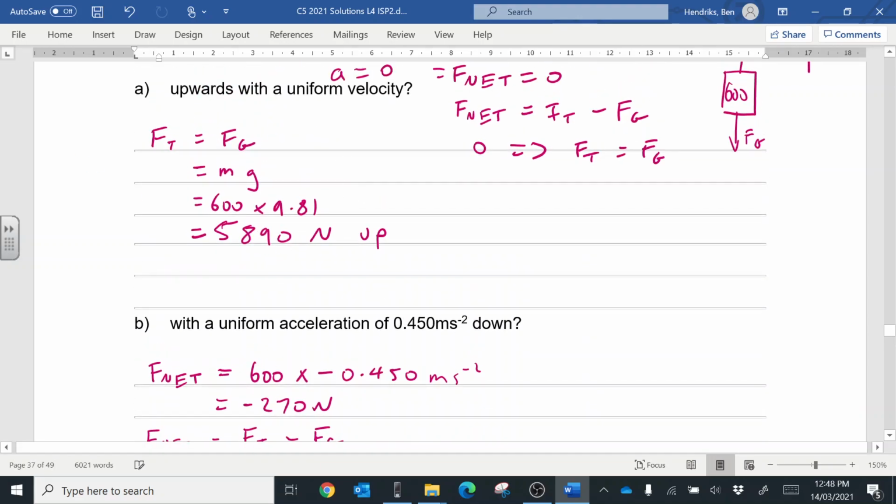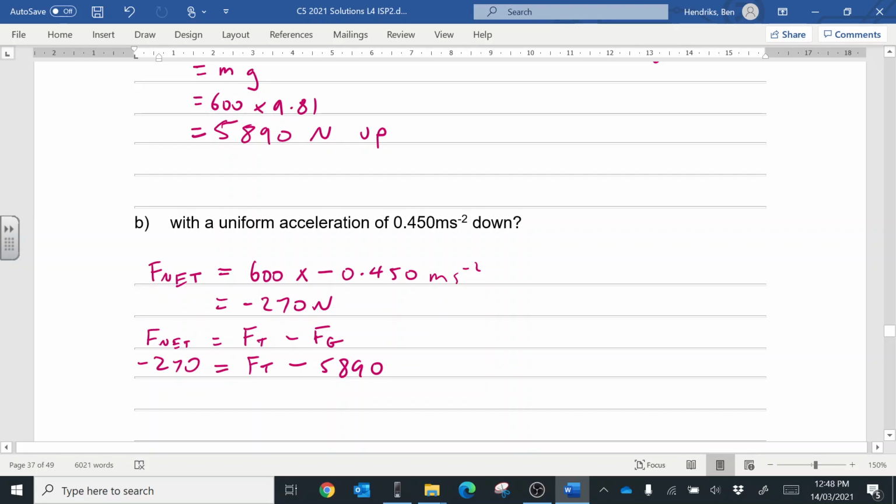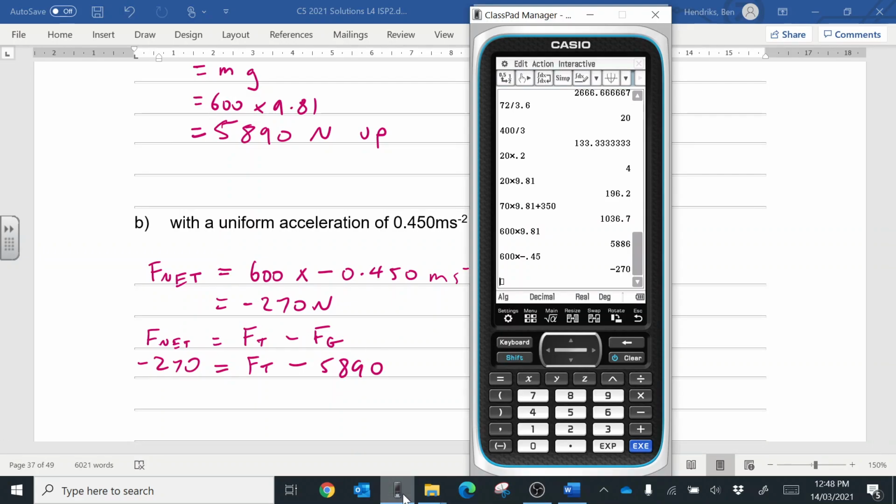So we worked out up here that the force of gravity is equal to 5,890 newtons. Okay, so to find the tension force, we need to now add it to both sides. So we get negative 270 plus 5,890, so it gets 5,620.